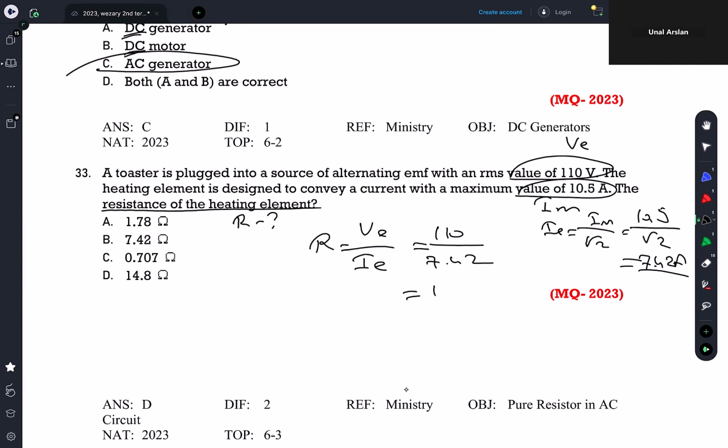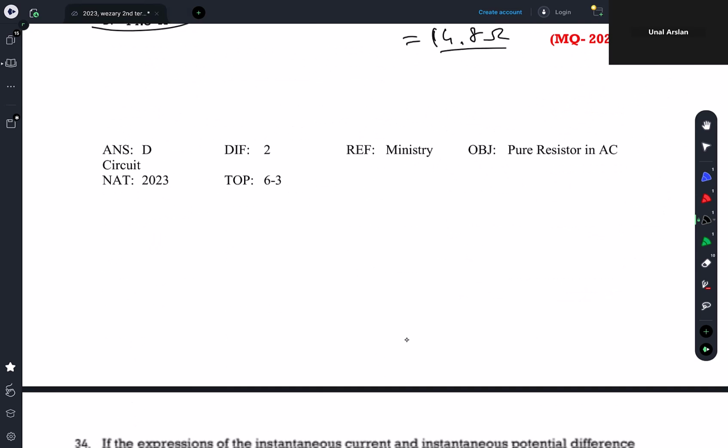I think I did it incorrectly. 110 divided by 7.42. Answer is 14.8 ohm. So this is the answer.